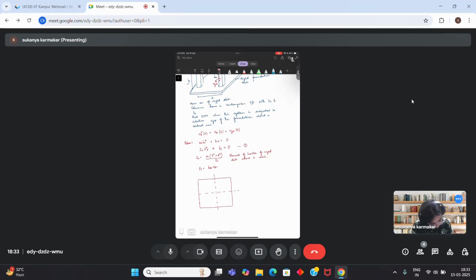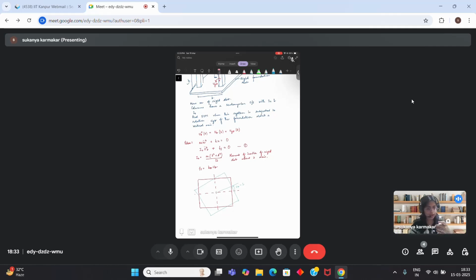So I will provide u theta is equal to 1 and my slab will look something like this, right?